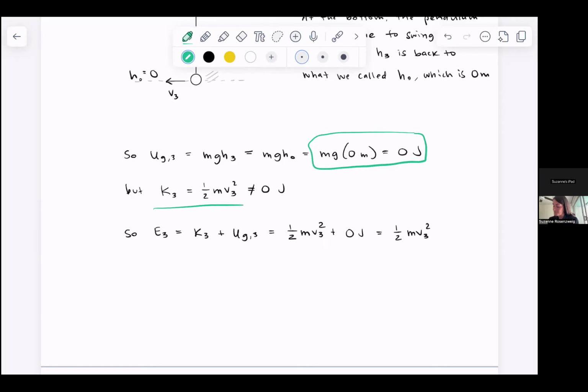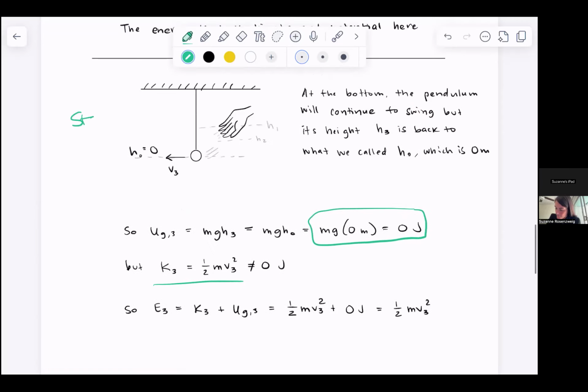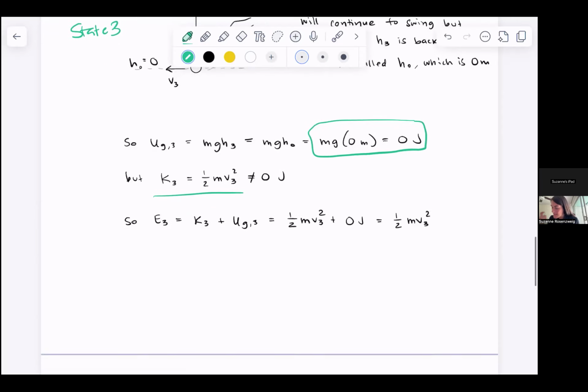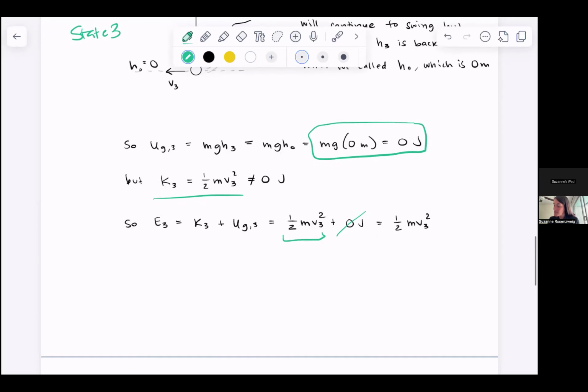The kinetic energy at this point is expressed as 1/2 mv3 squared, which does not equal 0. So what we see in state 3 is that the energy has no gravitational potential energy, and it's all in the form of kinetic energy. So the energy E3 is equal to 1/2 mv3 squared.